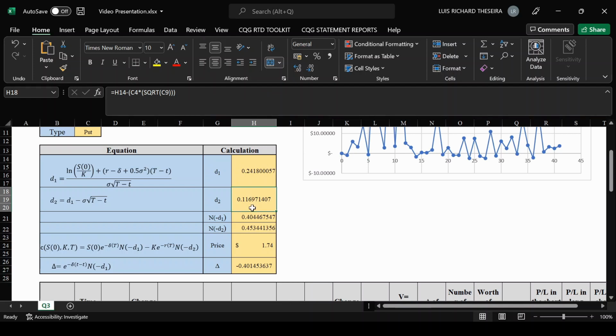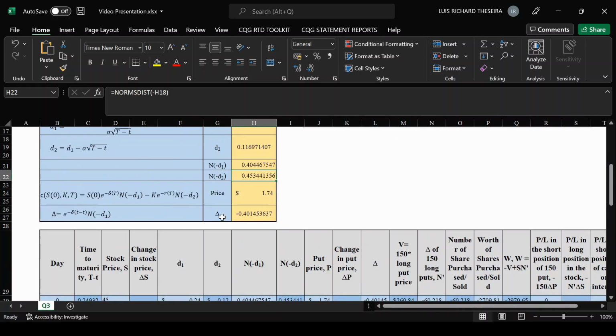From that, we can get the normal distribution of negative D1 since it's a put position. It's a put position option. Now, we just need to use the Google Excel formula NORM.S.DIST of negative D1. Same goes for D2.